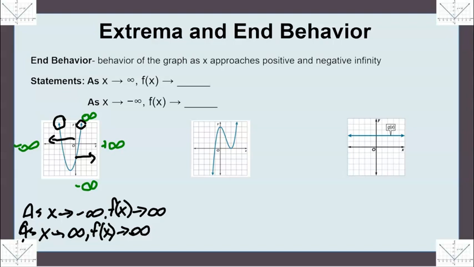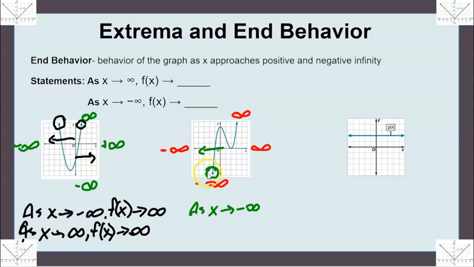Our next example. Here I'm still going to put negative infinity here, positive infinity here. This is positive infinity, down here is negative infinity. So our statements: as x approaches negative infinity, so when I go to the left, where's the arrow?